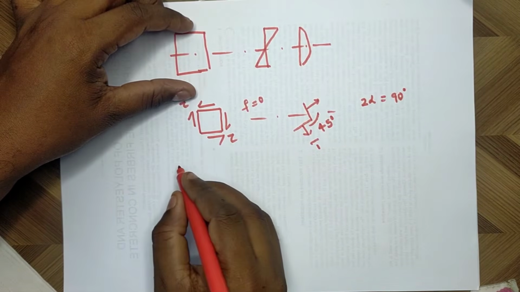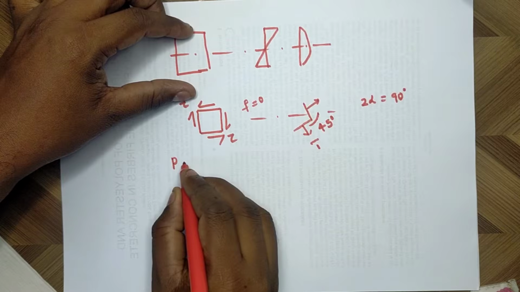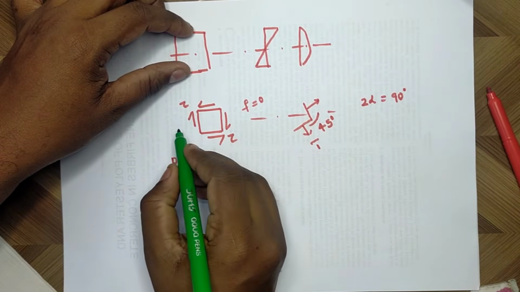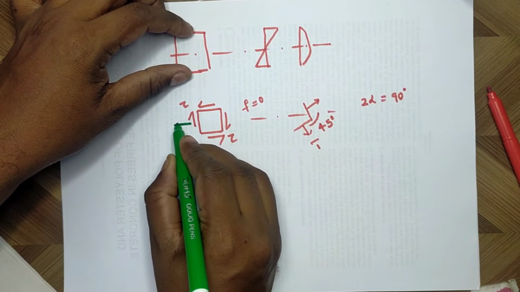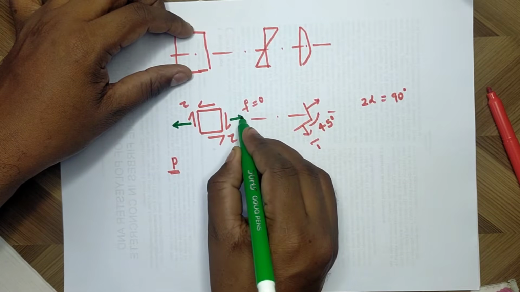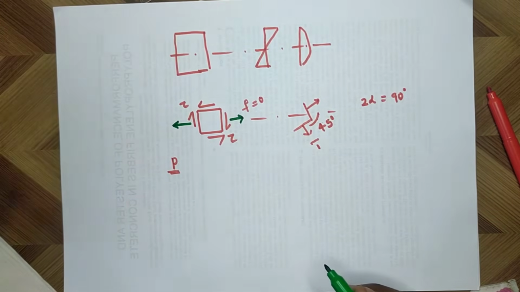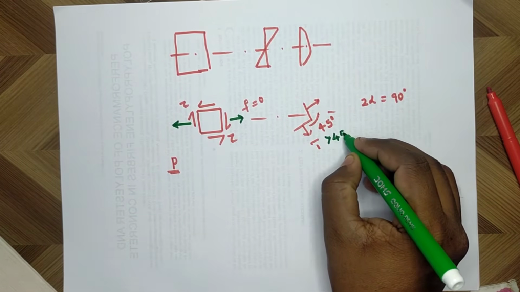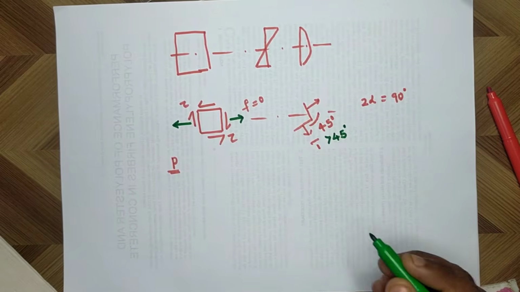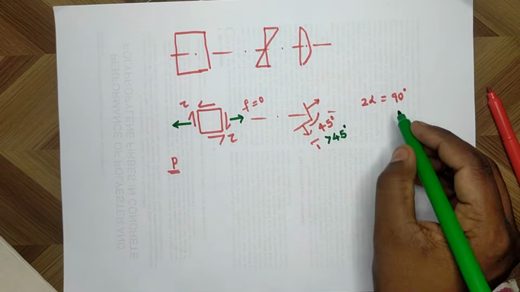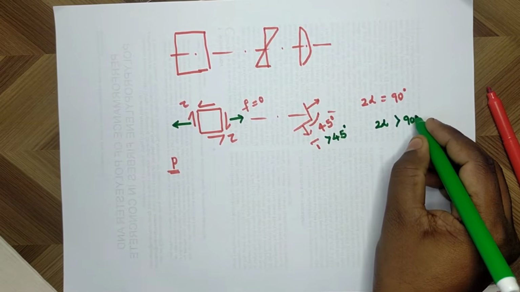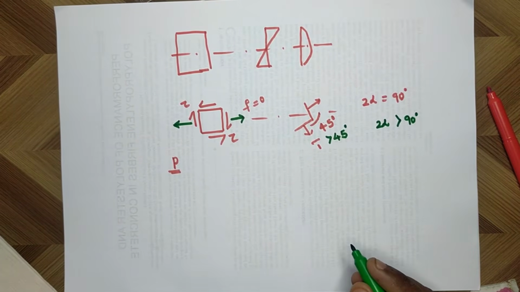When there is a prestressing force P, there will be an additional axial force acting on this element, and this angle increases and makes an angle greater than 45 degrees, and this 2 alpha is also greater than 90 degrees, right?